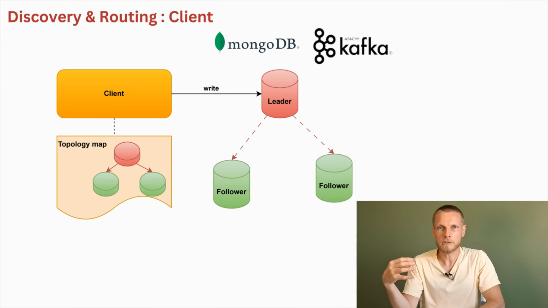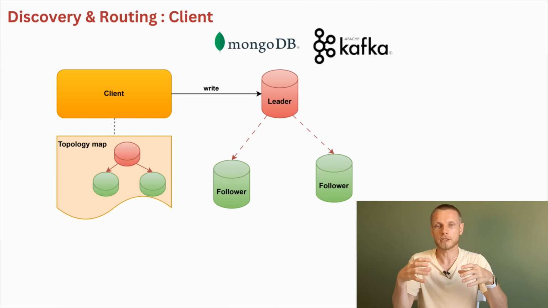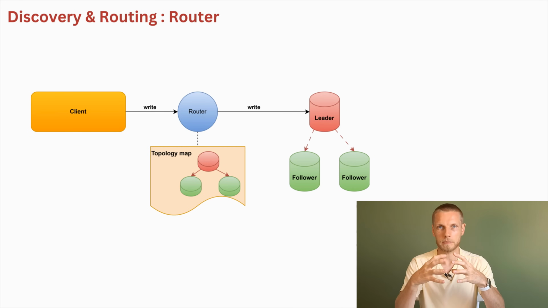Also, it leads to potential version compatibility problems between client and servers, because too much logic is placed on the client side. In some circumstances, this could be considered a security vulnerability, because the internal topology of the database system is exposed to the client. To relieve clients from this burden, we could introduce an additional component called a router and place it in the middle.